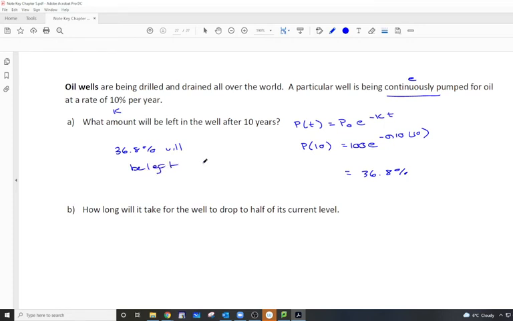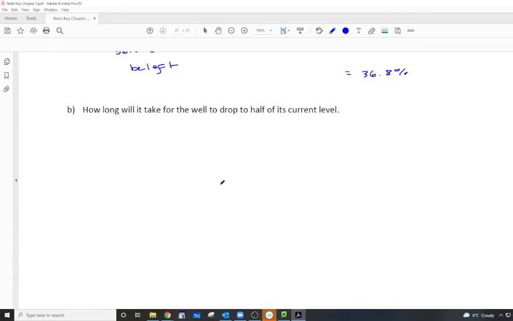Okay, last one. Last one is how long will it take the well to drop to half of its current level? In other words, t equals ln 2 divided by k. So it's going to be ln 2 divided by the k, so the decay rate is 10%, so decimal 1. And you don't have to put any negative in there because we're doing it as doubling instead of halving, right?